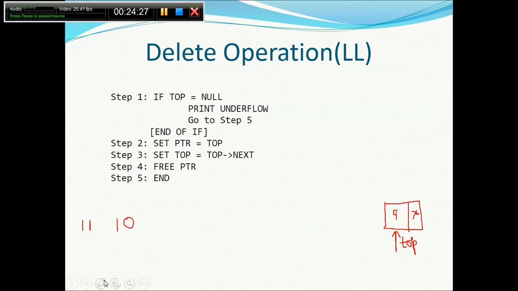Okay. Now it says if top is equal to null, but top is not null, then set PTR equal to top. Means whatever the top has, copy to the PTR. And top is equal to top next. What is the next here? Null. This time the top will start pointing to a null position.